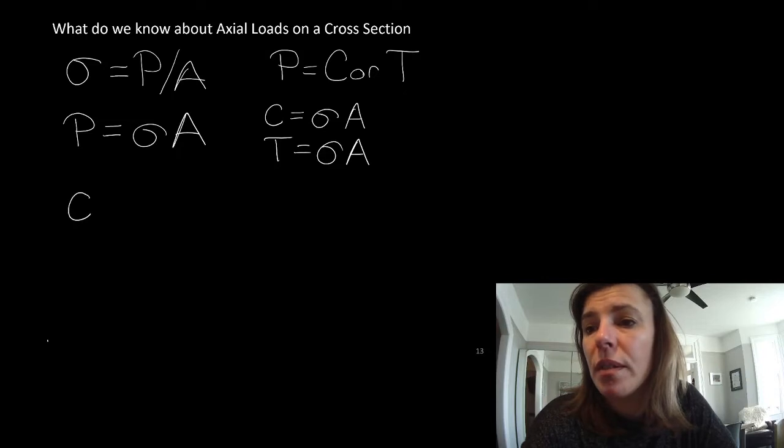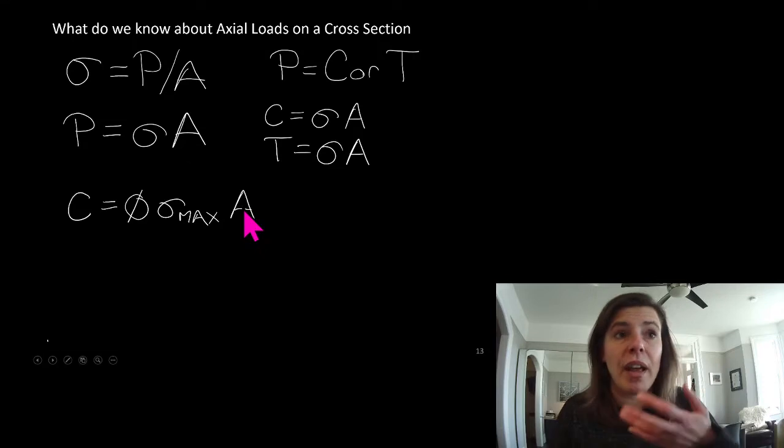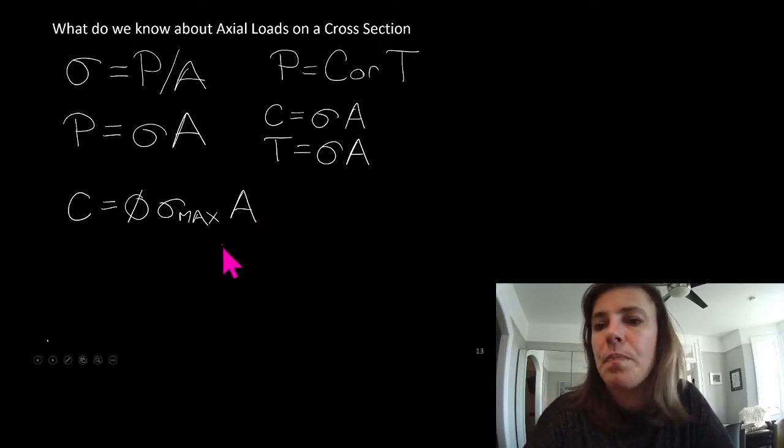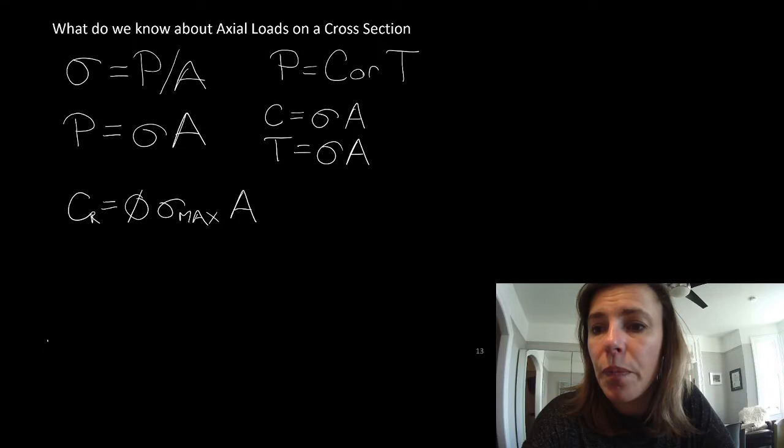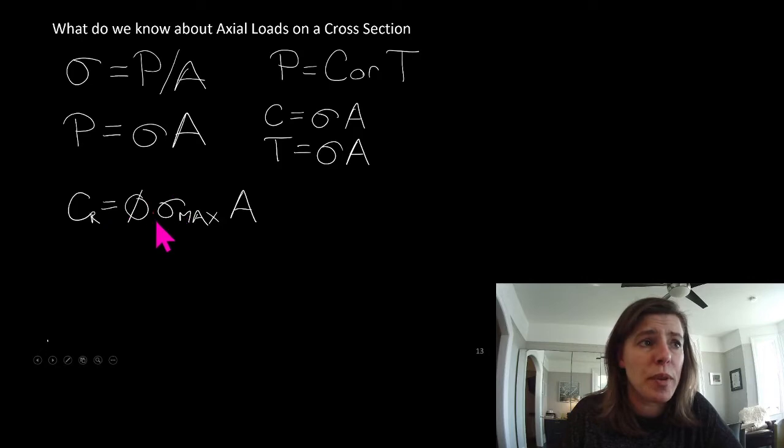So the maximum load this cross-sectional area could take is going to be the reduction factor times the maximum stress times our area, the cross-sectional area of whatever member we're talking about. We get to add our little r there because we've incorporated this reduction factor.